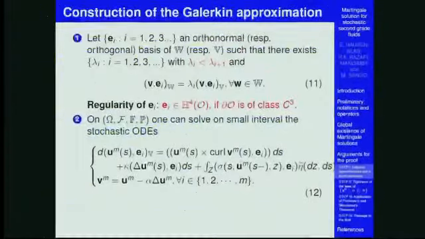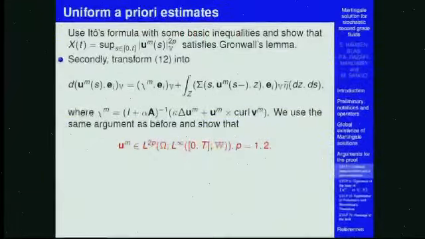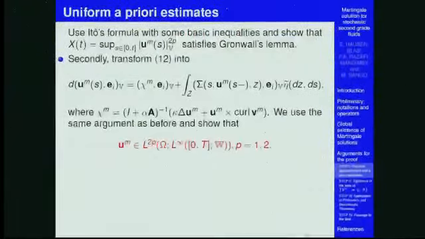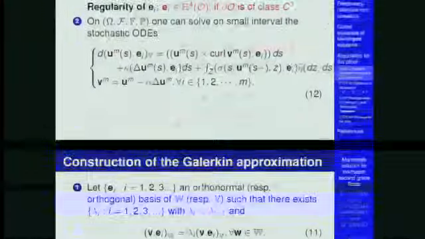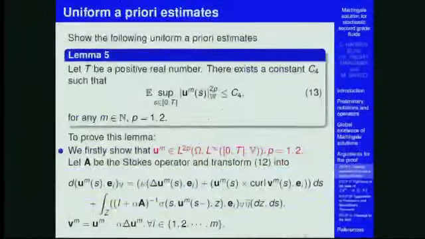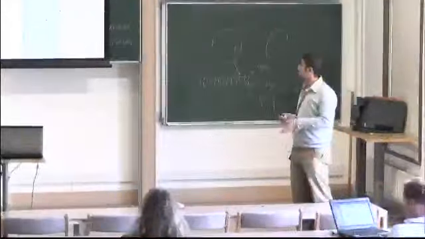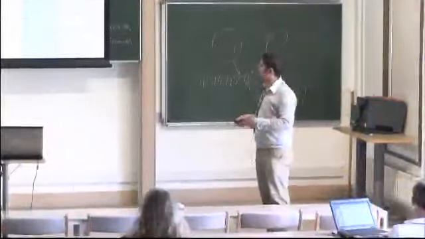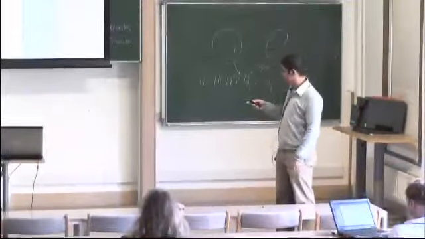And we should note that the elements of the basis are in H4 if the boundary of the domain is of class C3. And then we require that the Galerkin approximation satisfy this equation.